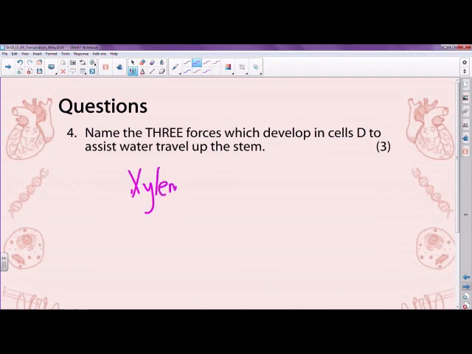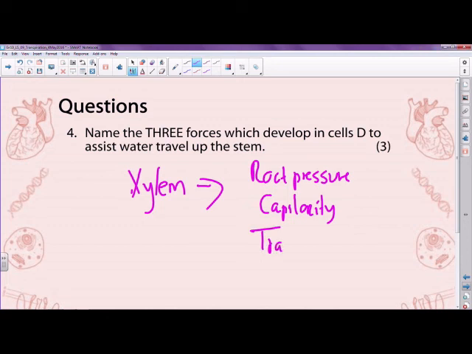With my xylem, what were the 3 forces? Root pressure, capillarity, and the most important one of all, transpiration. 3 nice, easy marks.